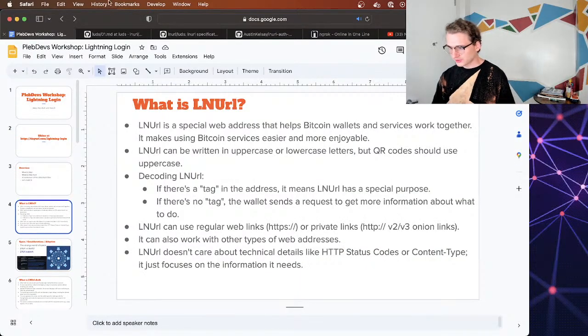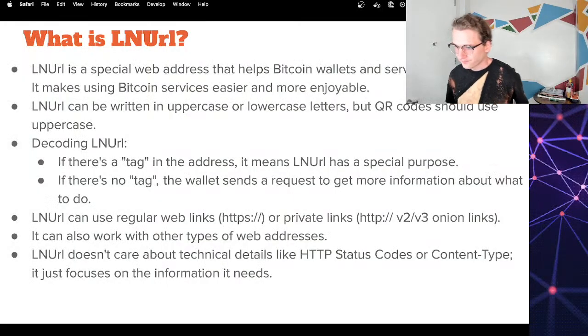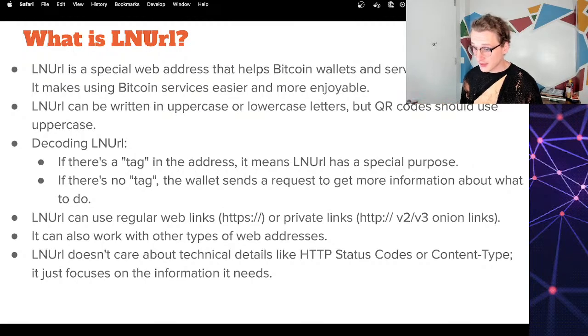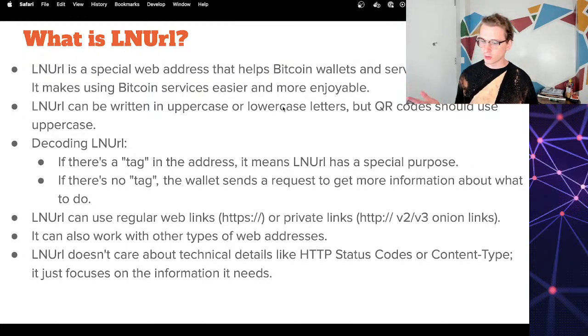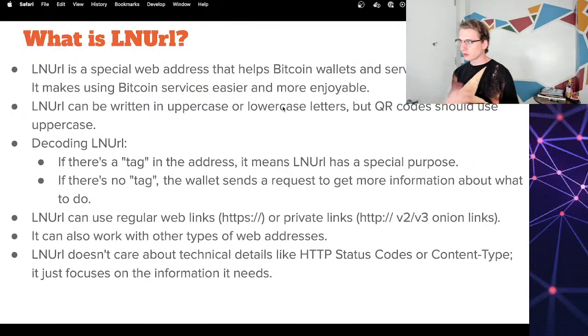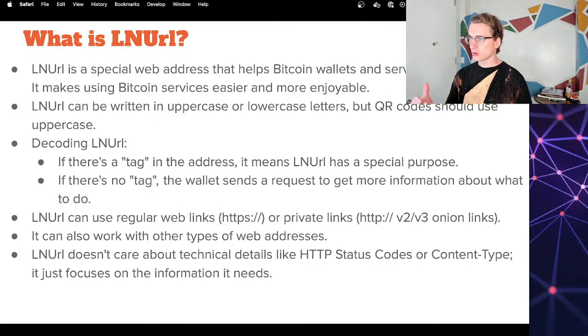And so I guess just to touch on my bullet points, it's a special web address that helps Bitcoin wallets and services work together. It makes using Bitcoin services easier and more enjoyable. I think that's true to say. It can be written with uppercase or lowercase letters, but QR codes should use uppercase. So LNUrl is almost always encoded in a QR code.